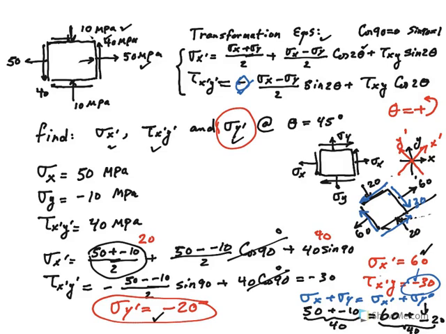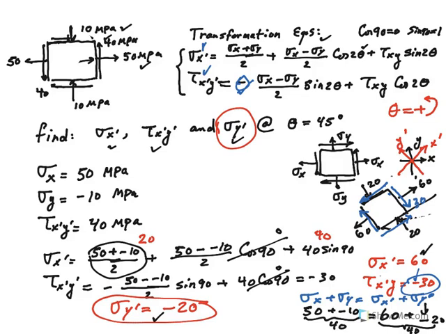So you saw how we can use the equations that we developed in the previous video and apply them to this example. The next step is that I'm going to make a video talking about how we could find the maximum of these normal stresses, and eventually the maximum of tau x prime y prime.